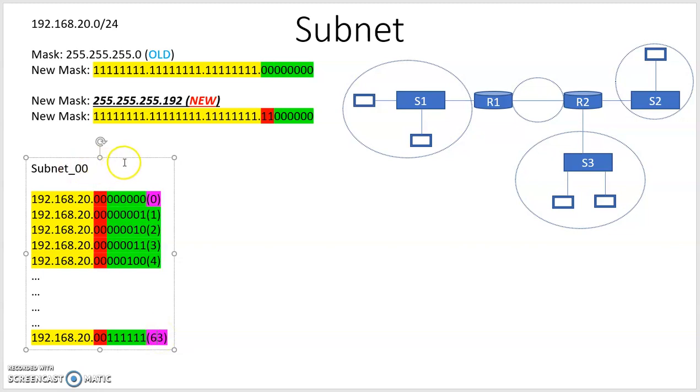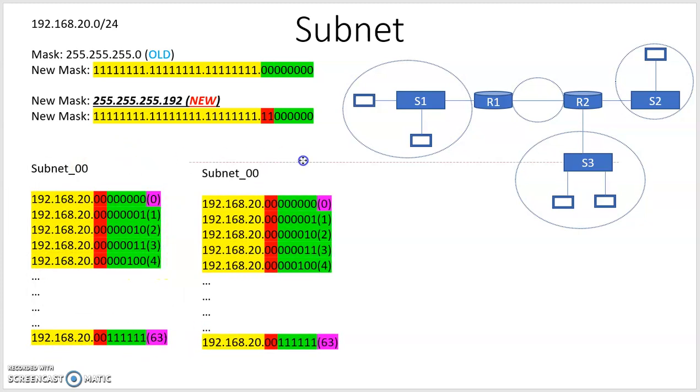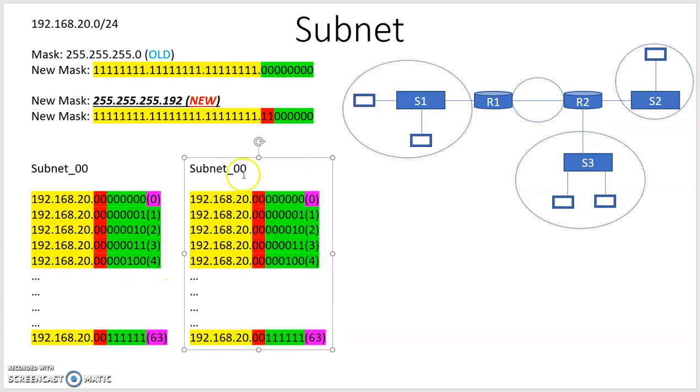subnet 00. So likewise, if you think of the next one, let me just copy paste it, and let me call it subnet 01. So if it is subnet 01, let me just remove all of them so that everybody can follow.